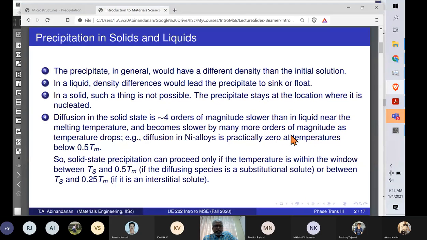But in the solid state, such a thing is not possible. So wherever the precipitate is nucleated, it just stays put, and that's great. That is basically what we want in a solid, because we want to create these precipitates for a specific purpose, and we want them to stay there. And so this makes it possible.